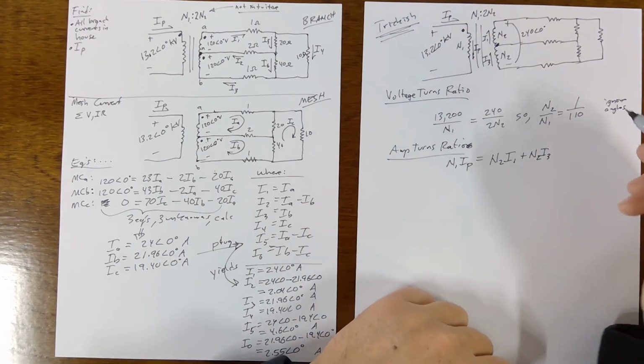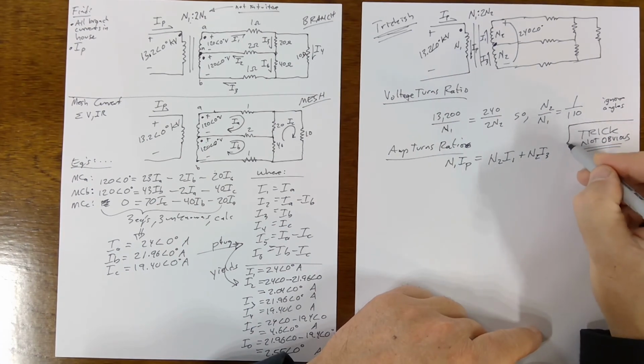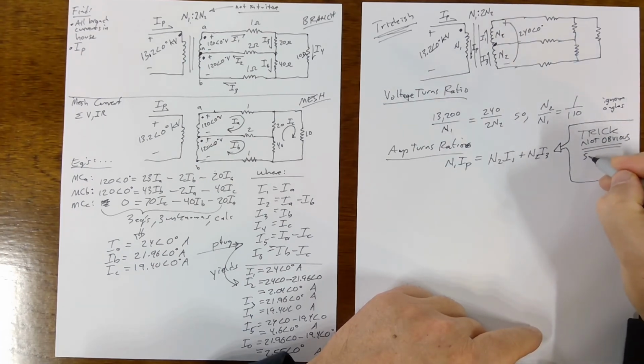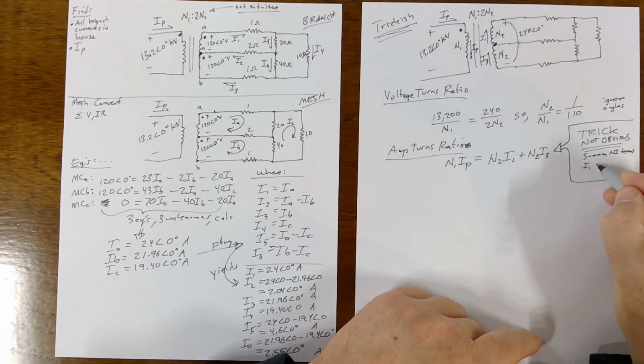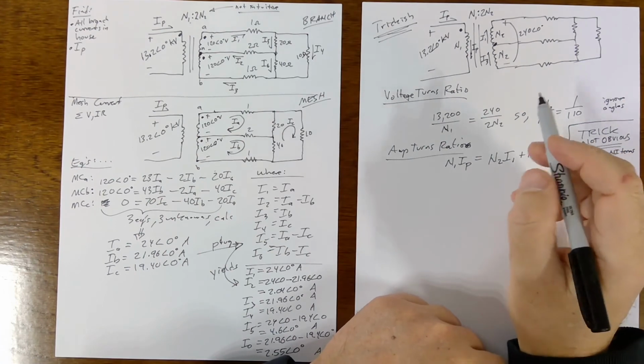So this is a trick that is not obvious. We're summing Ni terms. And I1 and I3 are different values.